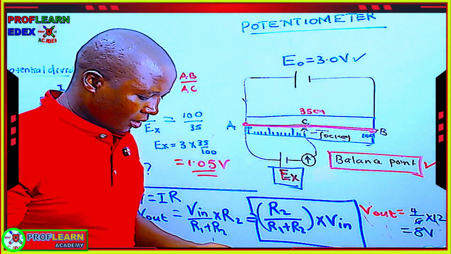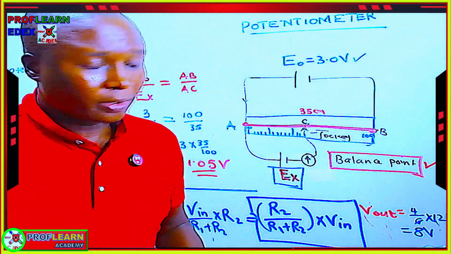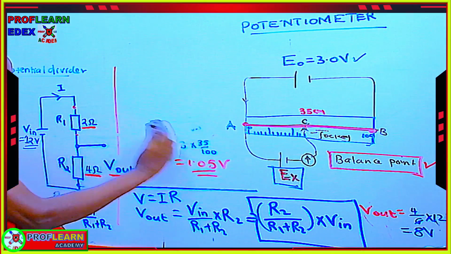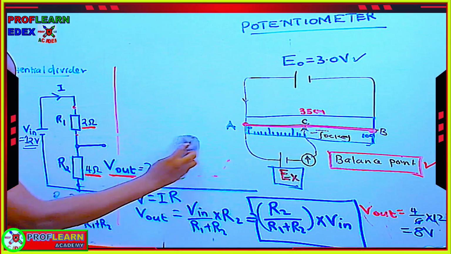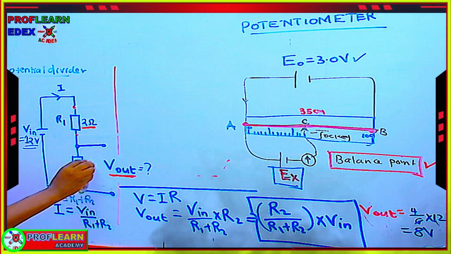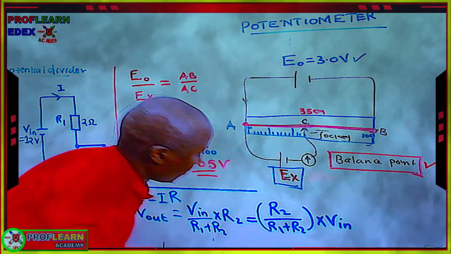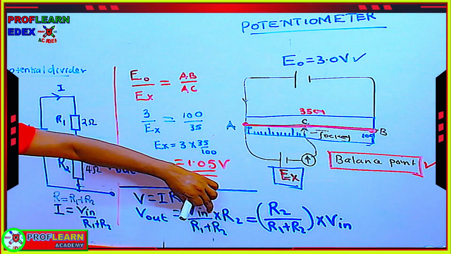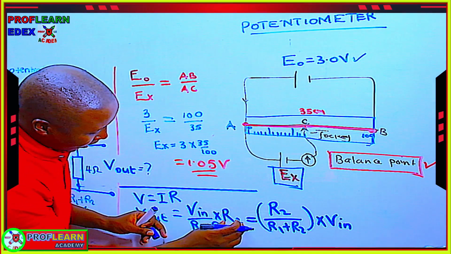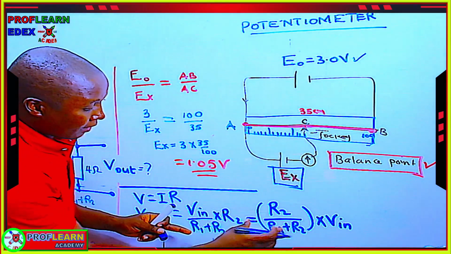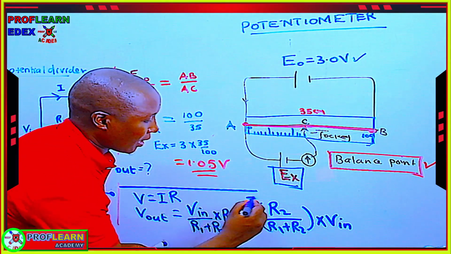So some of the questions that you are going to get are questions whereby you have variable resistance. You have a resistor here, for instance. Remember this V in here, we can write R2 on top of R1 plus R2, and then our formula becomes this.